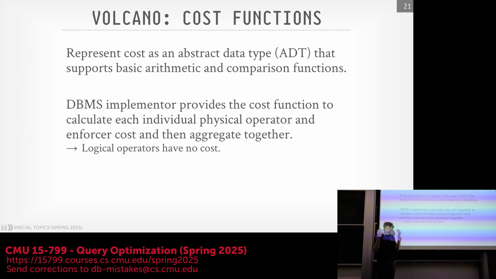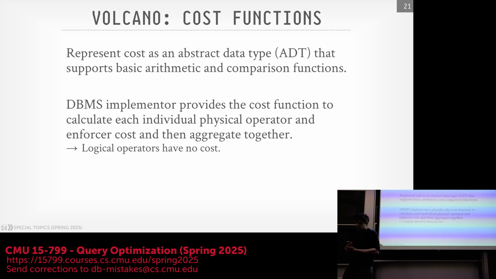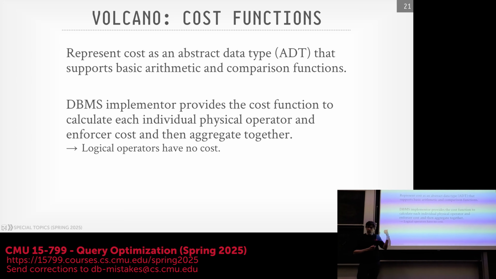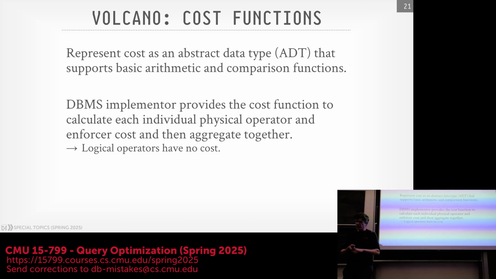So there isn't any notion built in of what the cost actually is. It's not based on CPU or anything else that Volcano is aware of. This is what you have to provide. And again, it doesn't use that expected cost factor or the propagation adjustment that we saw in Exodus. They completely abandoned that. I don't think the paper even mentions it.